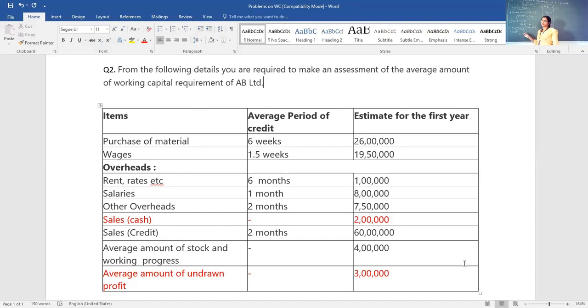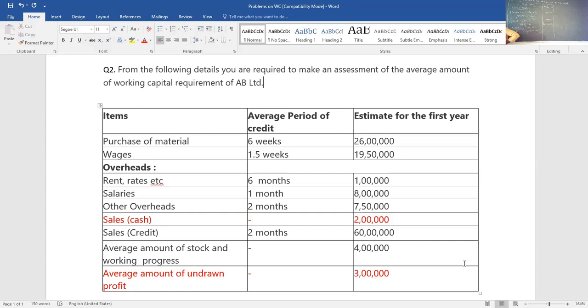Creditors represents purchase of material. Can anyone give a try? 26 lakhs into 6 divided by 52. Very good. 26 lakh is the amount into 6 weeks divided by 52, because they have given in terms of weeks. So I've divided it by 52.